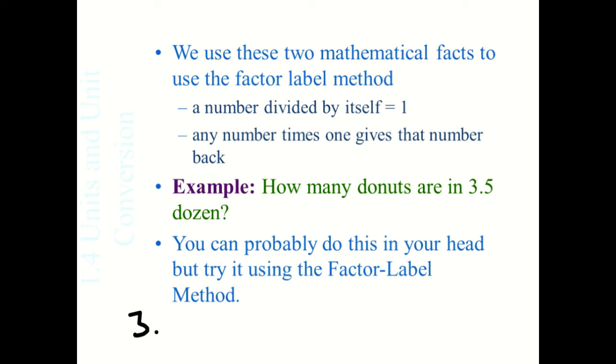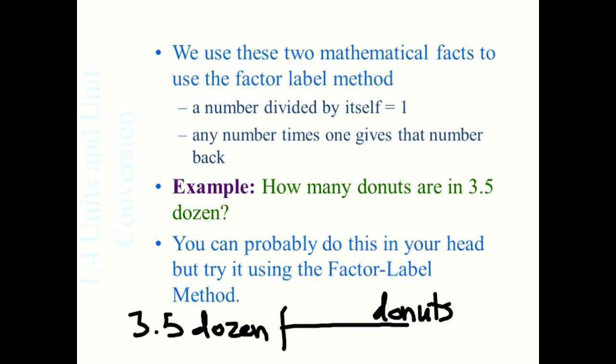Now, how many donuts are in 3.5 dozen? 3.5 dozen, and I want to get to donuts from dozen. All this is showing is it doesn't matter what it is. The process is exactly the same. Whatever you're starting with goes here in front.